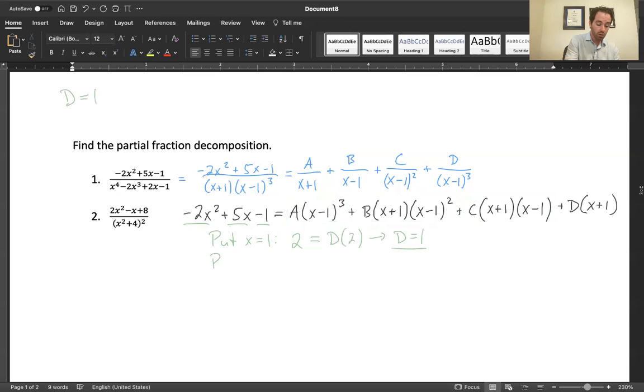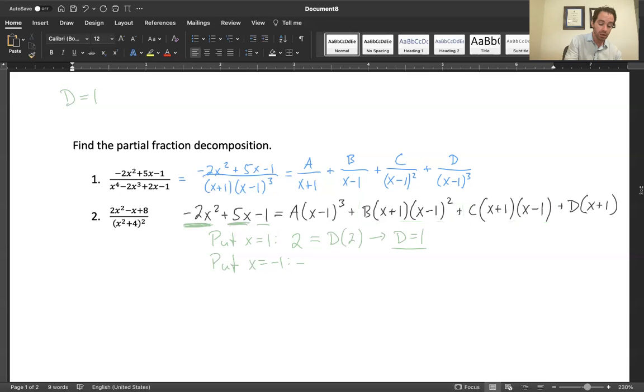Now I'm going to put x equal to -1. Let's see, is that going to do me any favors? Well, yeah, because that gets rid of this and this and this. So what that ends up with is -2 minus 5 is now -7.